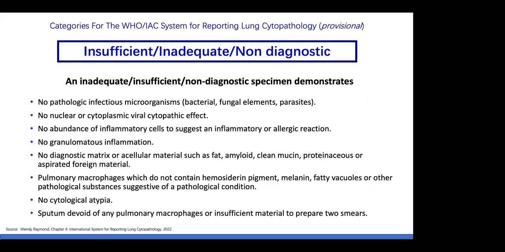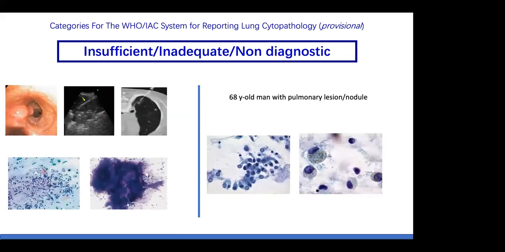But we can say an inadequate, insufficient, non-diagnostic specimen, as you see in the book, is a specimen with no pathologic infectious microorganism or virus, no abundance of inflammatory cells, no granulomatous inflammation, no diagnostic matrix or acellular material, no atypia, or a sputum devoid of any pulmonary macrophage.